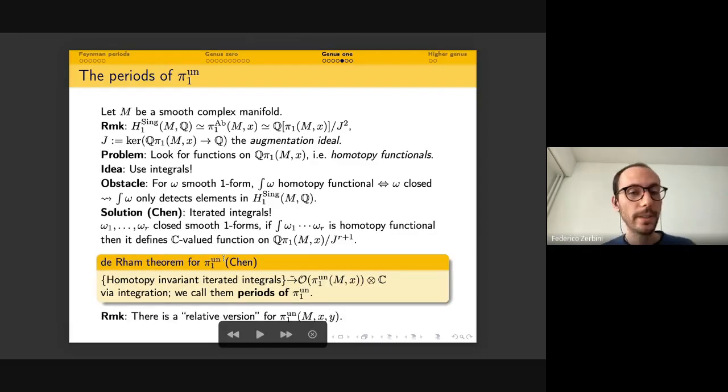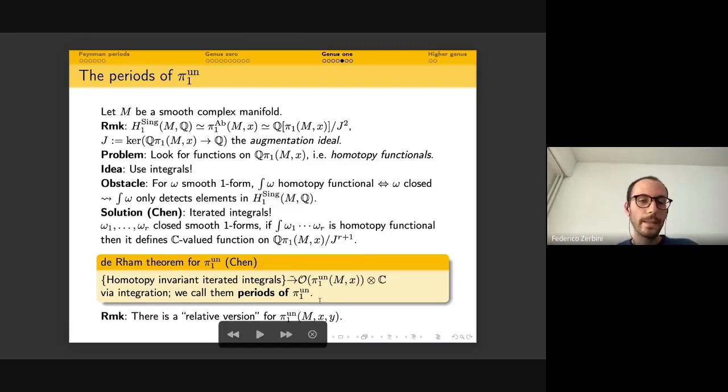And Chen used it to, in fact, describe all the functions on this kind of quotients. I mean, he took the inverse limit of this quotient, and these are just the functions on the pro-unipotent completion of the fundamental group of your smooth manifold. And he proved that you can consider a space which gives you all the homotopy invariant iterated integrals.